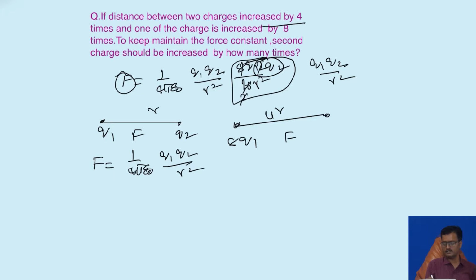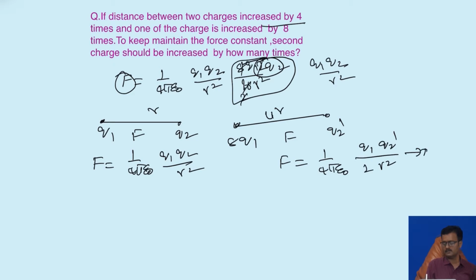The force is kept constant, that is the force is F. So the second charge should be increasing. Suppose the second charge is Q2 dash. So what is the relation among them? F is equal to 1 by 4 pi epsilon naught Q1 8 Q1 Q2 dash by 4 R whole square, that is 16 R square. So 8 by 16, that is 2.